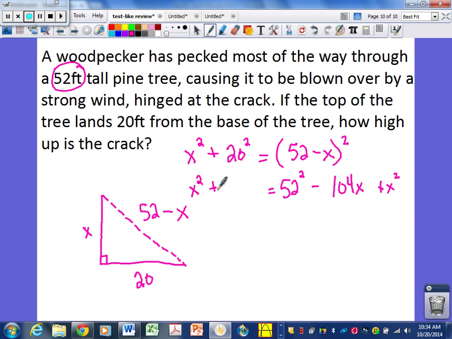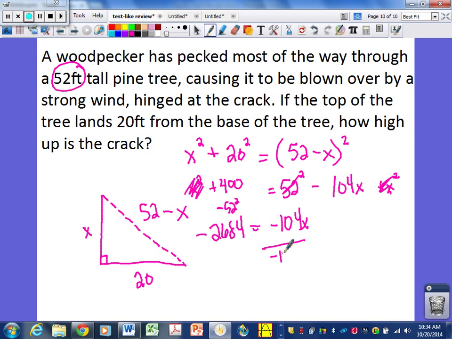Okay, so some things end up canceling out here. We'll subtract 52 squared from both sides. Minus x squared. Oh, let's see, what is 20 squared minus 52 squared? Minus 2304. Negative 104x.